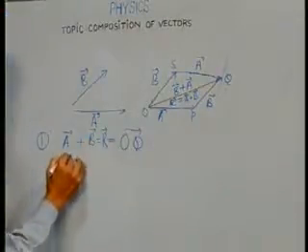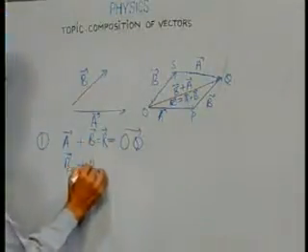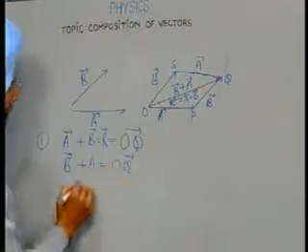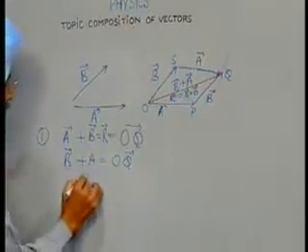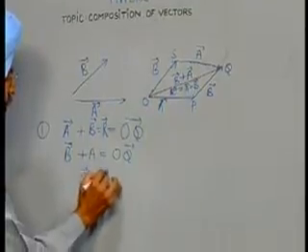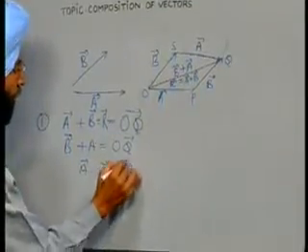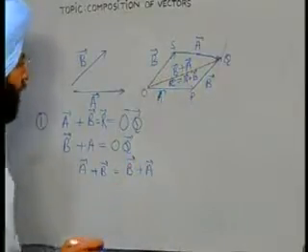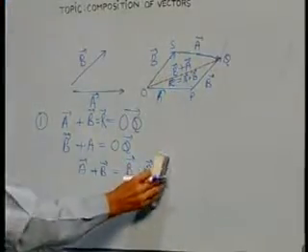B plus A is equal to OQ. So, we can write A plus B is equal to B plus A. So, we can say vector addition is commutative.